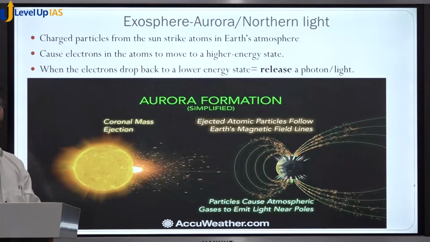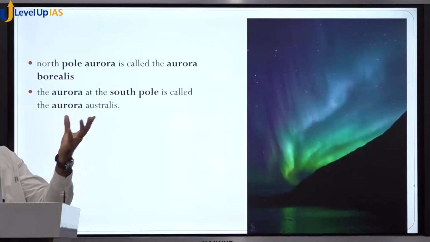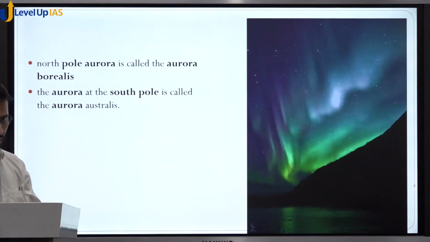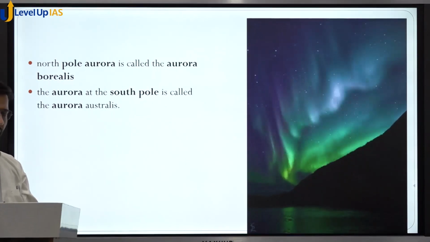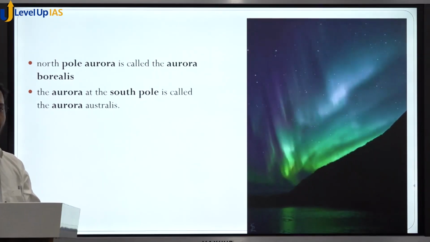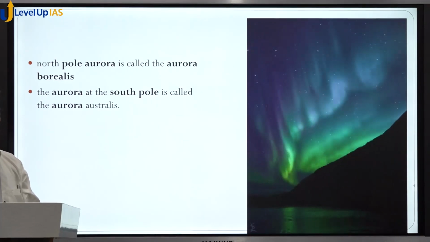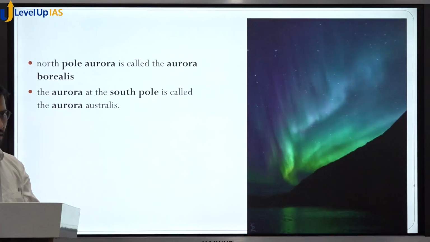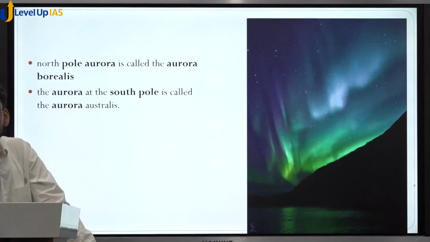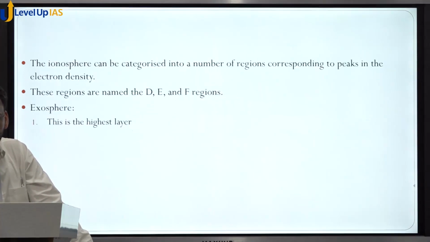In this process, whatever energy they lose is emitted in the form of various colors of light. So these various colors of light are seen in the form of aurora. This aurora is called aurora borealis in the northern hemisphere and aurora australis in the southern hemisphere. Understood? So this is the phenomenon of aurora formation.